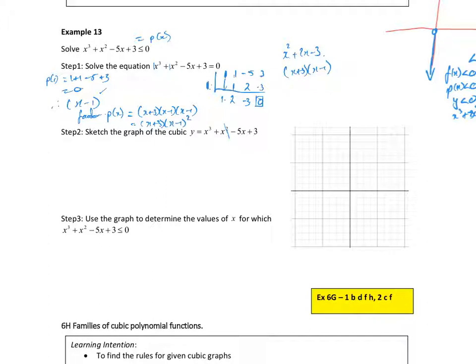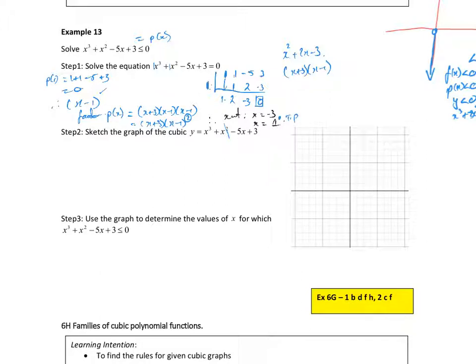So we can see, hopefully, after we've started doing a little bit of practice, my intercepts are going to be x equal to negative 3 and x equal to positive 1. The important thing to note about x equal to positive 1 is that it's a squared factor, so that's also going to be a turning point.